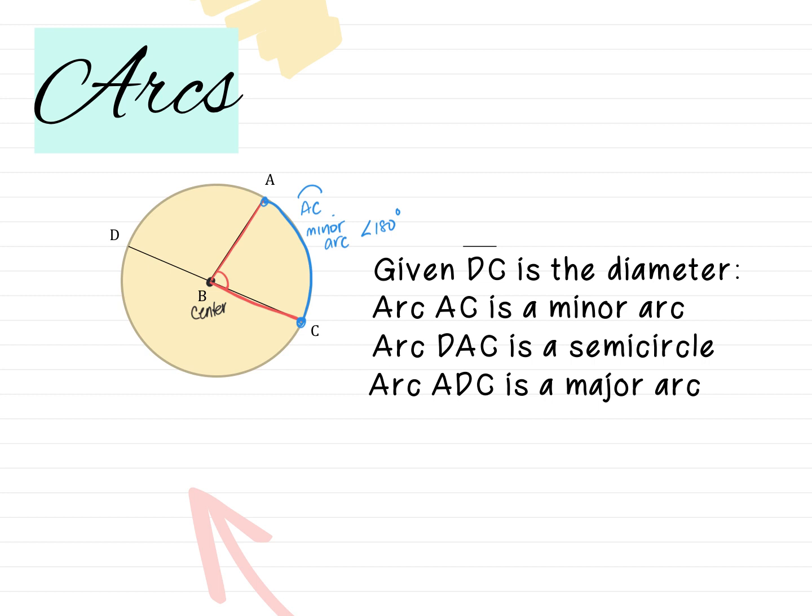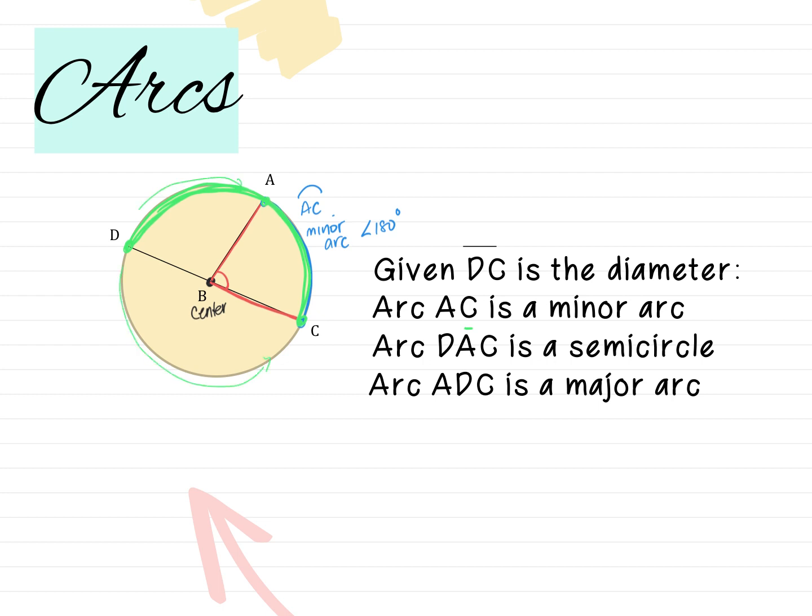When we go to the next arc that's formed, let's look here. It says arc DAC is a semicircle. So D is your starting point, C is your ending point, and the A means it goes through A. So the arc goes from D to C through A. If we didn't label this middle letter A, we wouldn't really know, is it this way or this way?